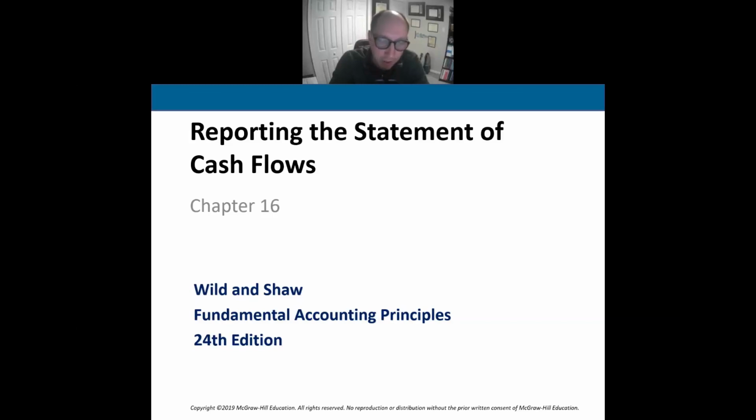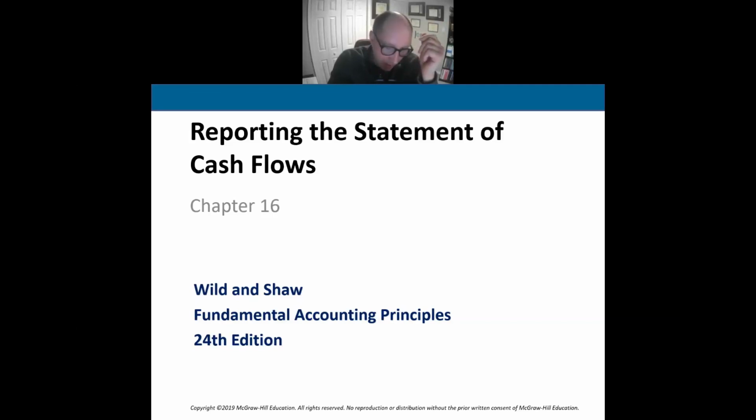There are three types of cash flow. There are operating activities, which represents the cash coming into and out of the business for day-to-day operations of the business. The second use of cash flow is for investing activities.